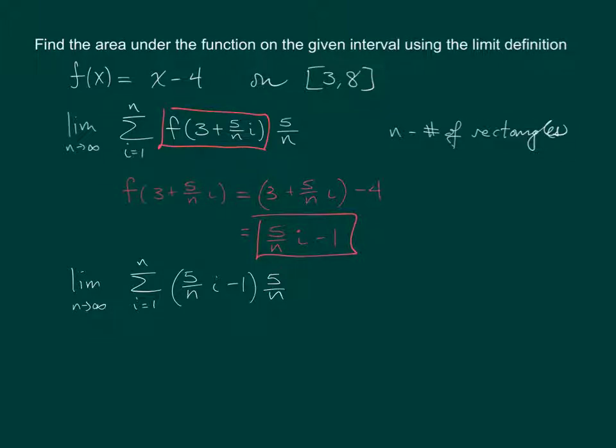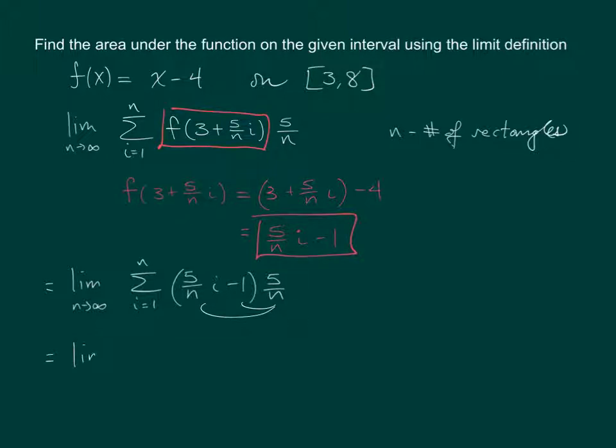So when you are trying to compute the sum of something, we need to first make sure that the multiplication is happening. So the next step is to distribute this 5 over n.